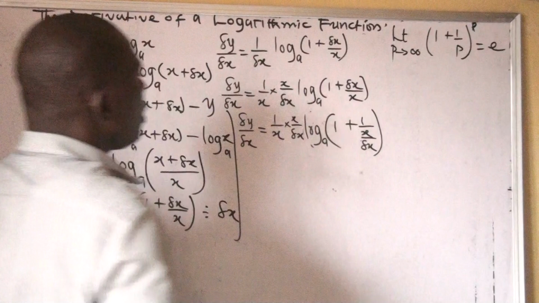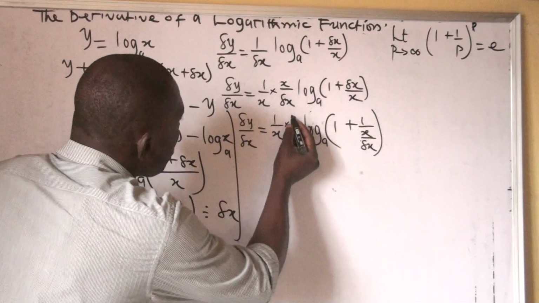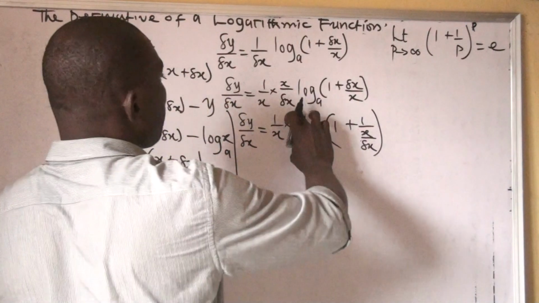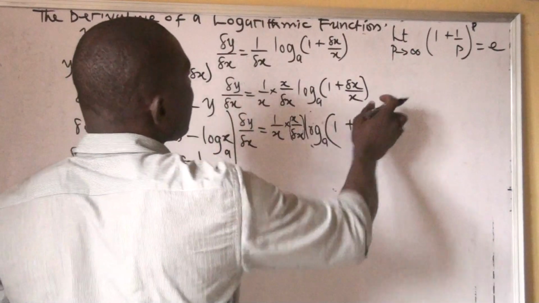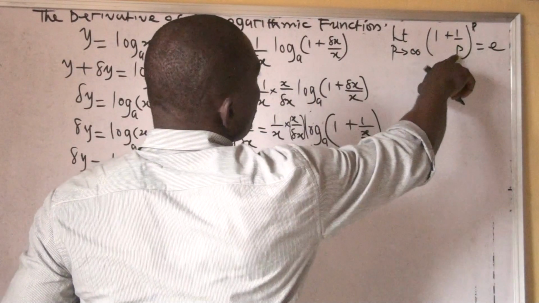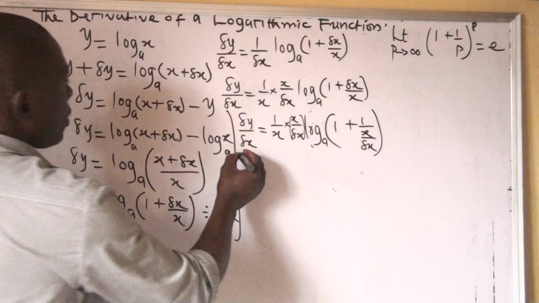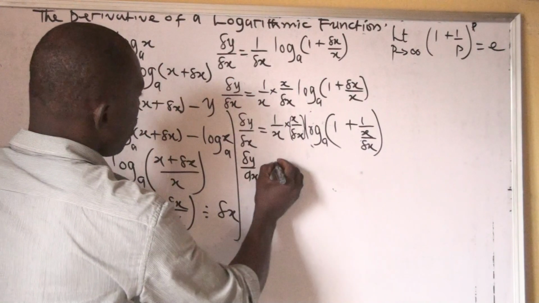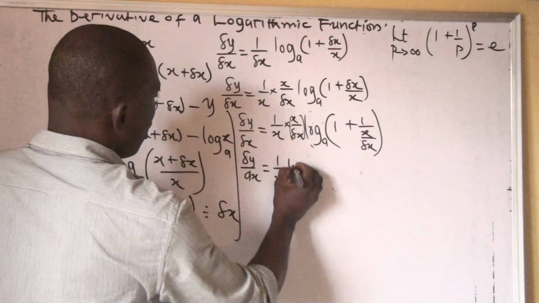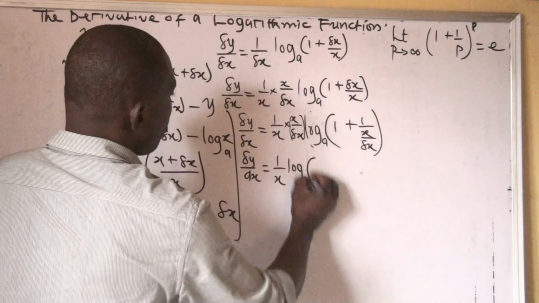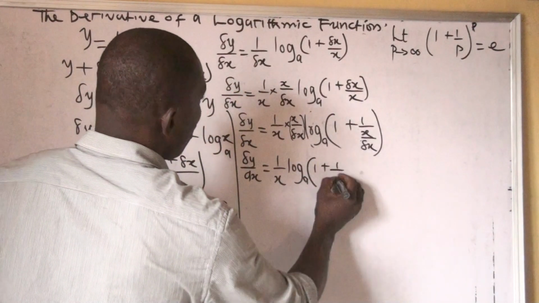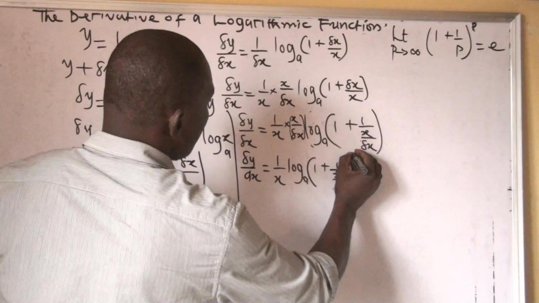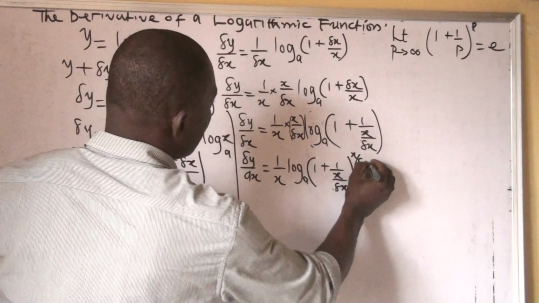Now this x over delta x, we'll move it by applying the law of logarithms, so that we have an expression like 1 plus 1 over p. So delta y over delta x is equal to 1 over x times log a of the bracket 1 plus 1 over x over delta x, raised to the power x over delta x.